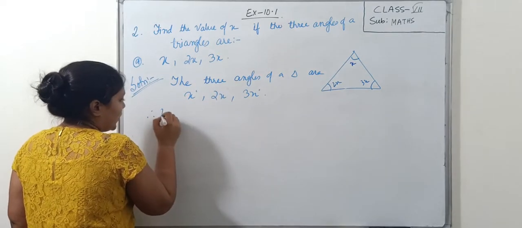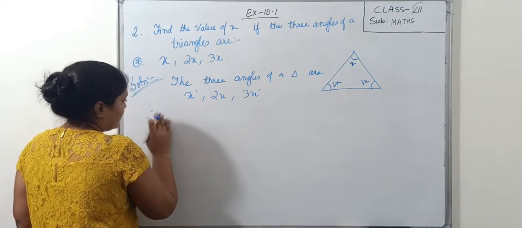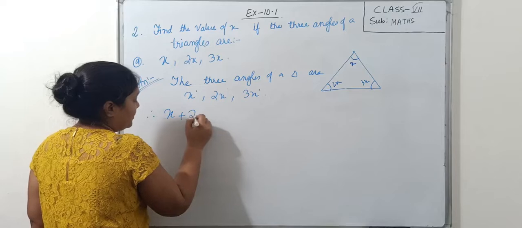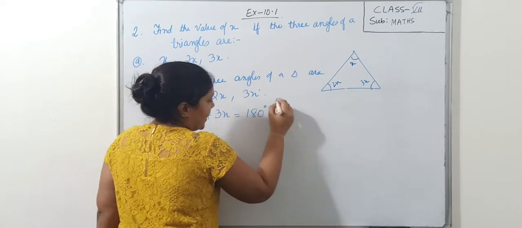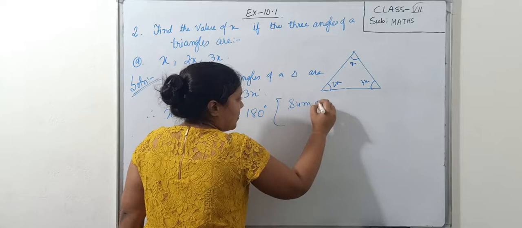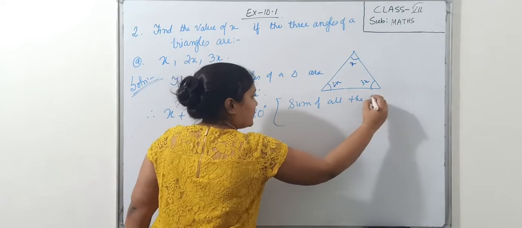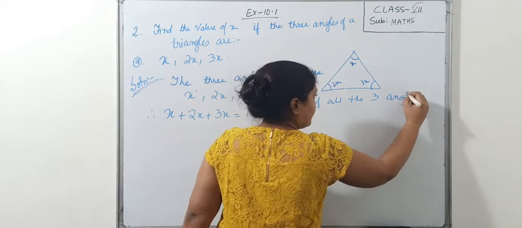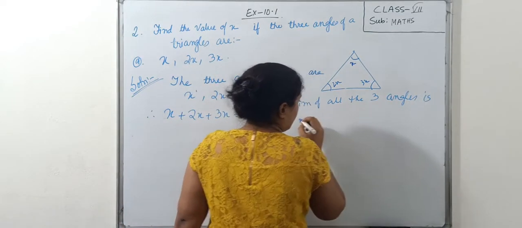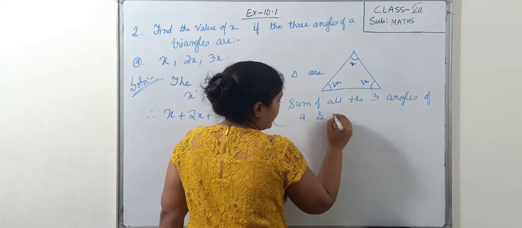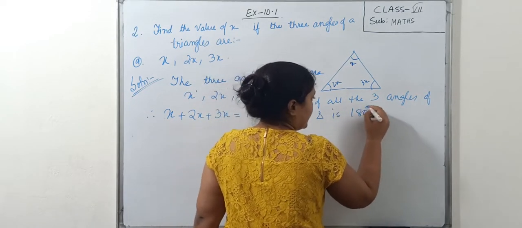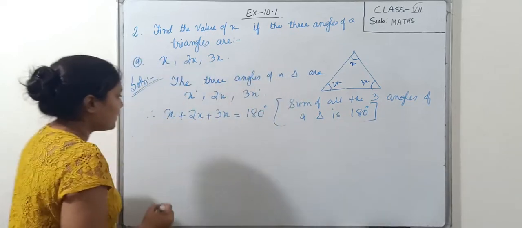Now we know, sum of all the three angles of a triangle is 180 degree. Right students?